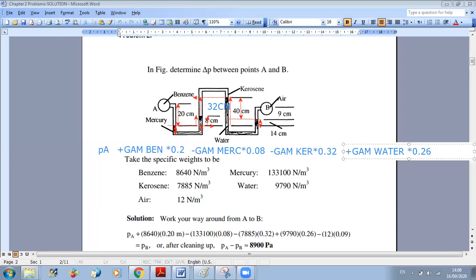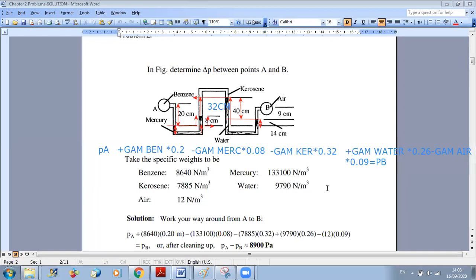Okay, now as I am here, I am going up into air. I'm going upward 9 centimeters, so it's minus gamma of air times 0.09, and it's equal to PB. What I care for is the difference between PA and PB.